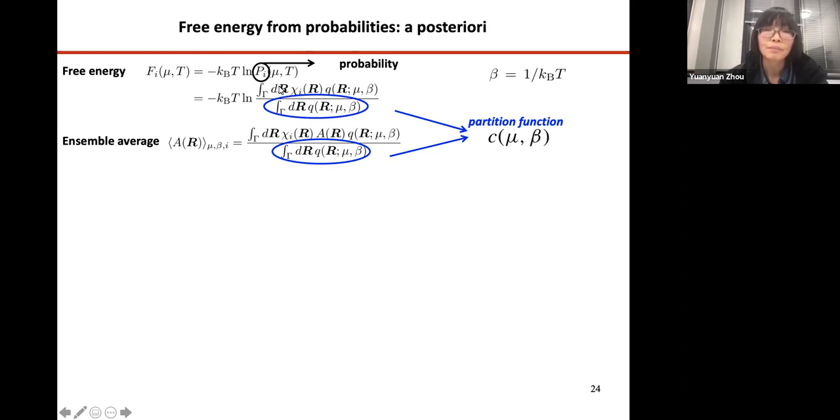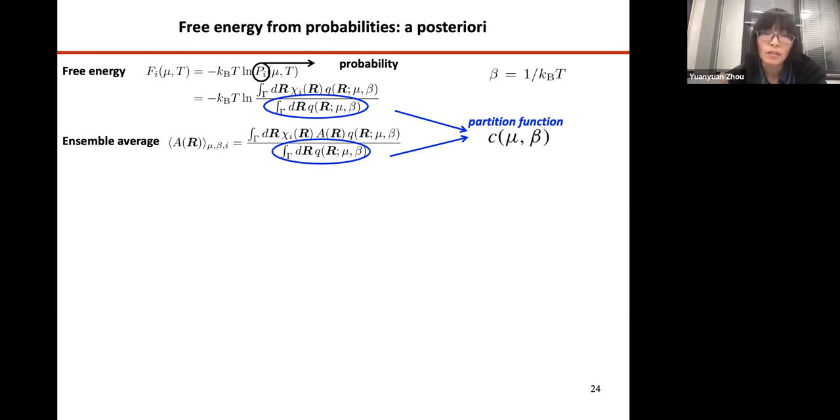Here the capital R is a configuration again, and Ki is the indicator factor of the phase. When we say phase, we know what kind of descriptor defines this phase, so we call it the indicator here. There is the density function, and the normalization term in the denominator is known as the partition function, and the ensemble average is also calculated in this way.